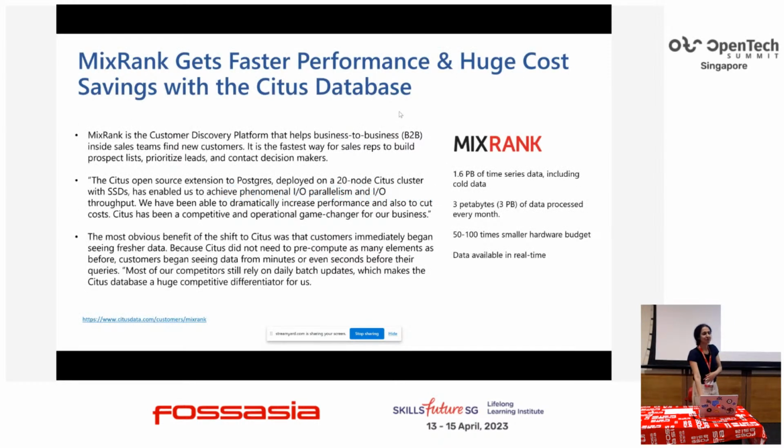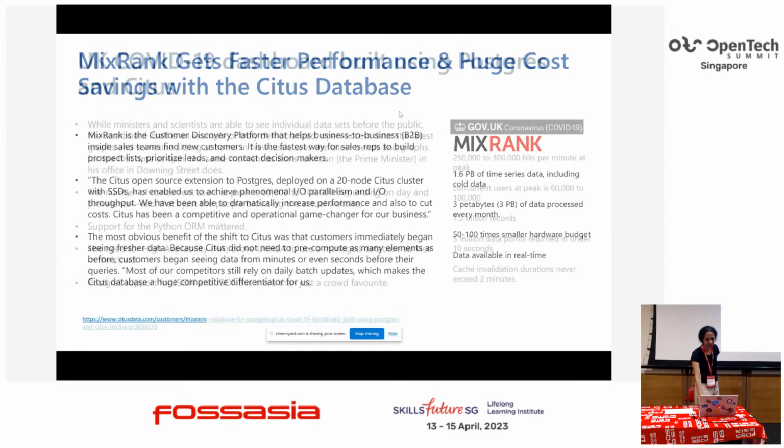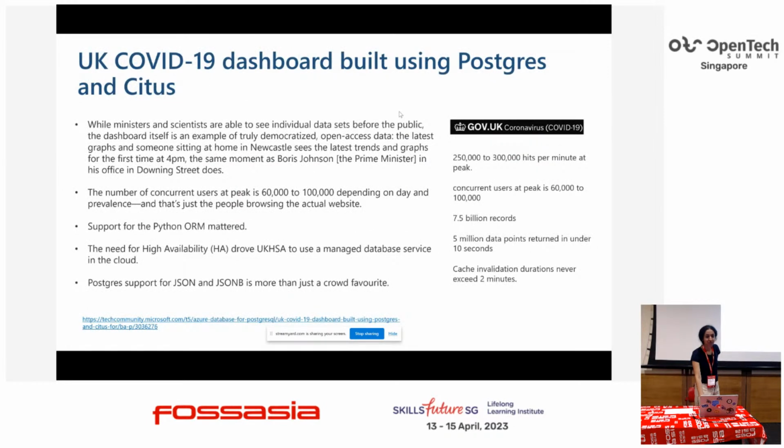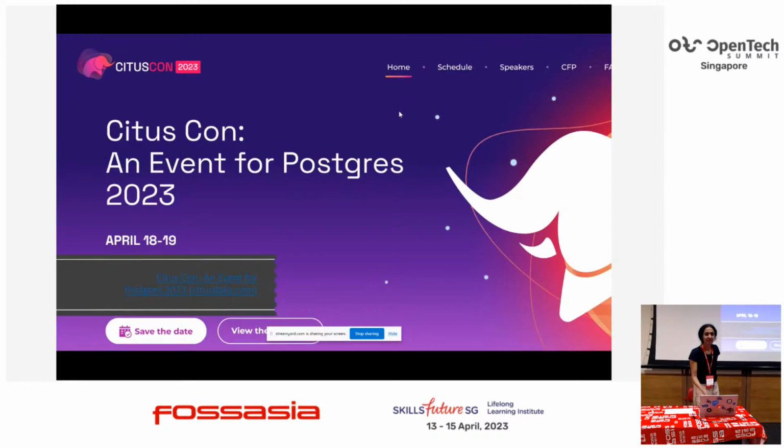And just to close off today's session, in the interest of time, some of our large customers, for example, on open source Citus, have about petabytes of data sitting there. There have been situations with a huge number of concurrent users, 60,000 to 100,000 users, that Citus scales to handle.